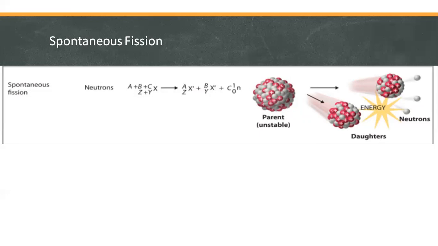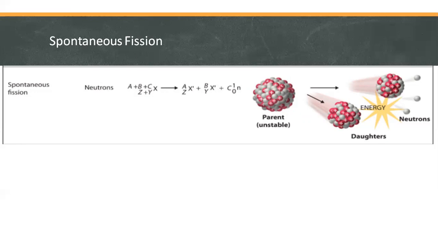This process is most important for the transactinide elements with atomic number greater than or equal to 104. Spontaneous fission is invariably accompanied by the release of a large amount of energy, and it is usually accompanied by the emission of several neutrons as well.